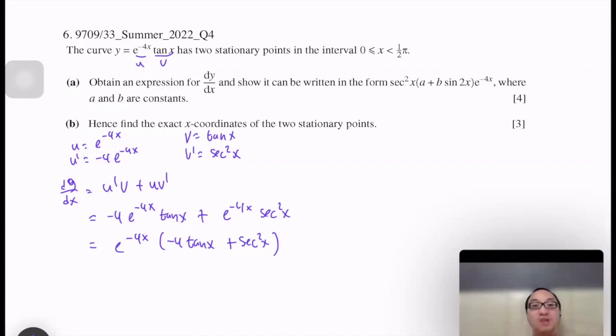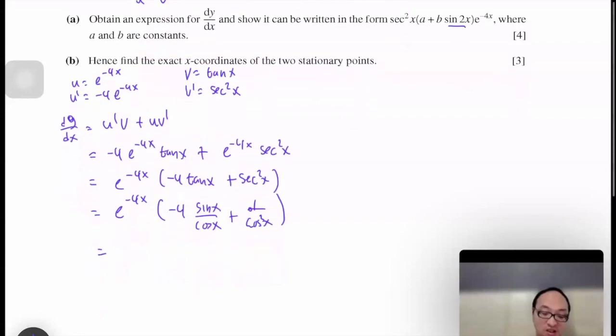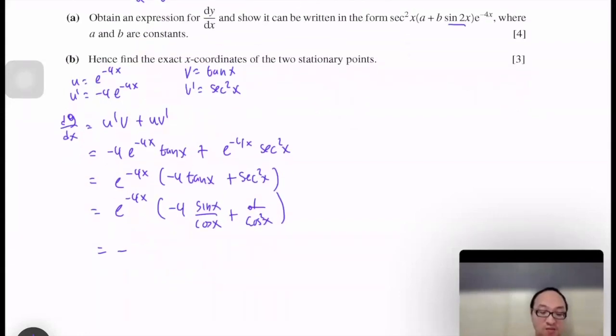Now, if we see the form, it contains sine 2x, so we have to change the tangent into sine. So this is e^-4x times -4 sine x over cos x plus 1 over cos square x.